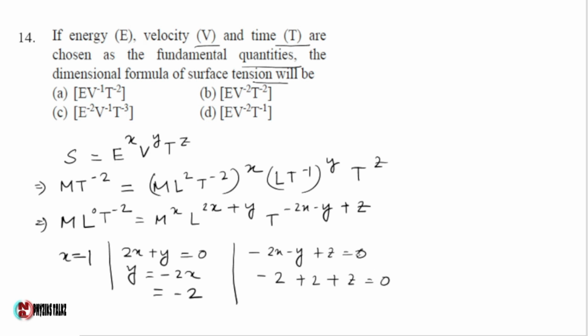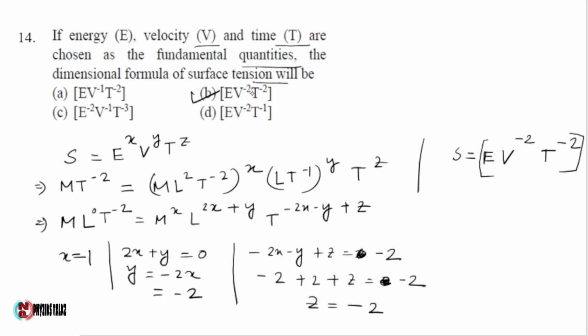Sorry, this is minus 2, this is minus 2, so z is given by minus 2. So S is written as E to the power x, V to the power y, and t to the power z. So the correct option is option B. Next question.